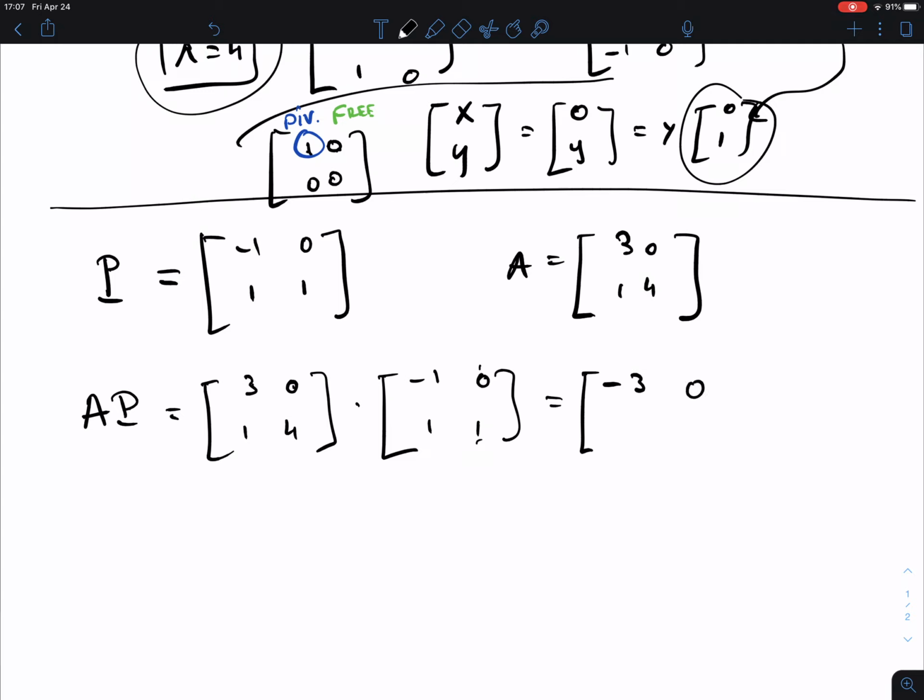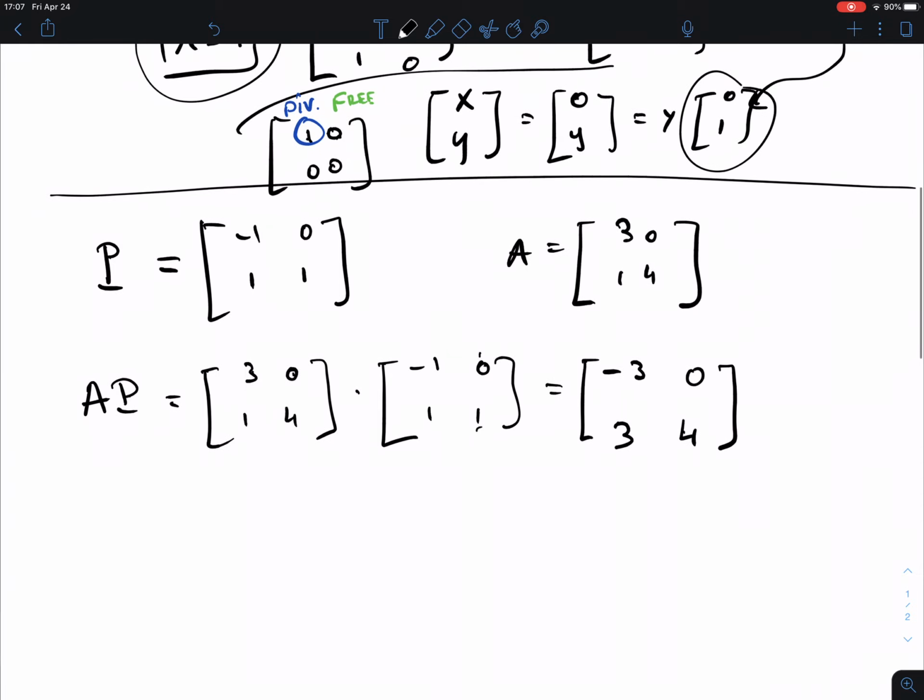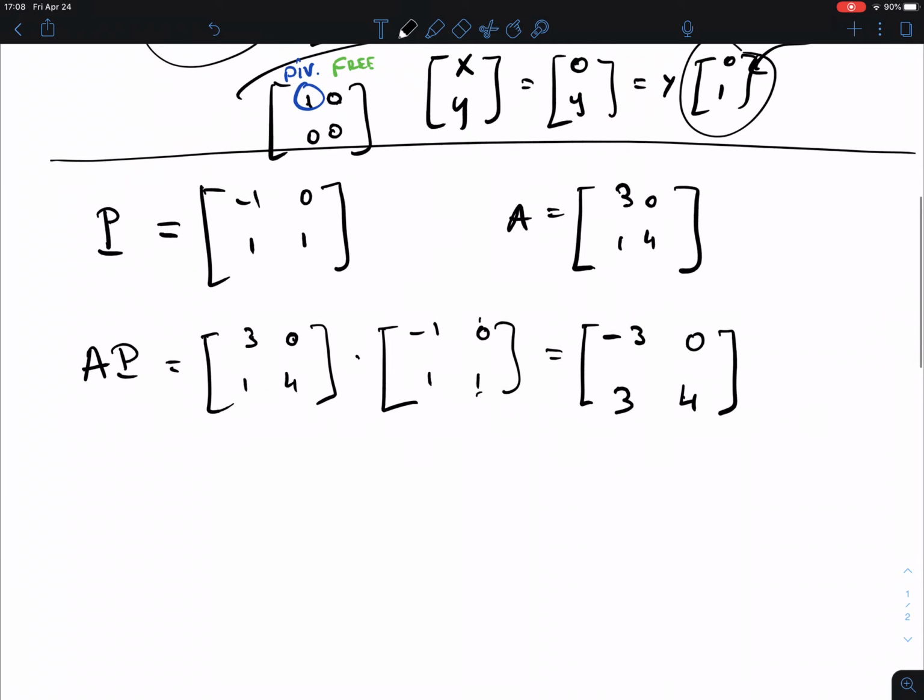It's no surprise because we know if we multiply an upper triangular matrix and a lower triangular matrix, the product will again be lower triangular. Now this element is minus 1 plus 4, that is 3, and finally this element is 0 plus 4, so that is 4. Okay, we get this.